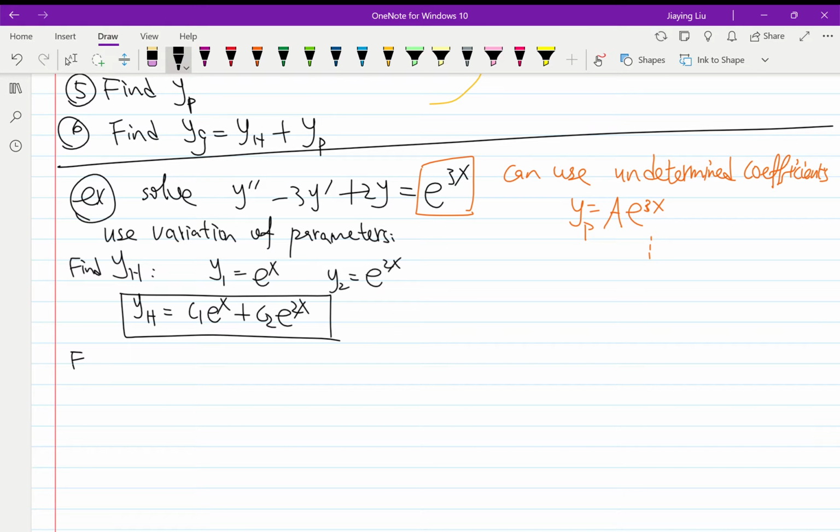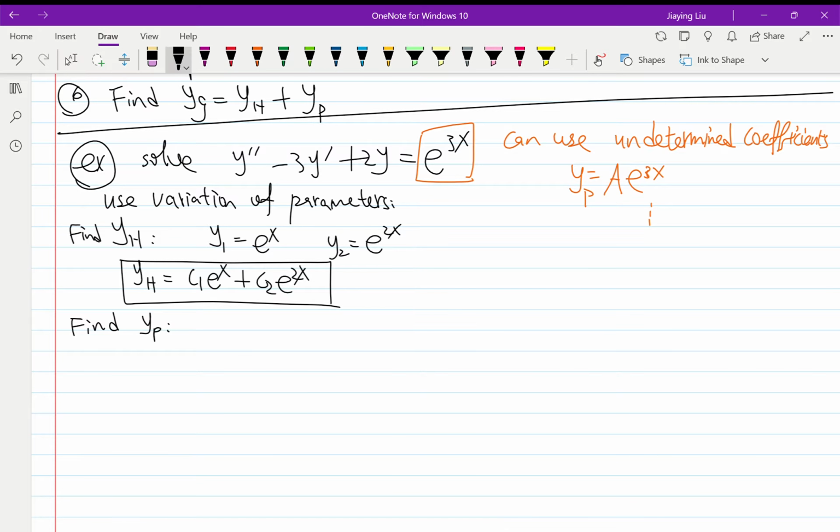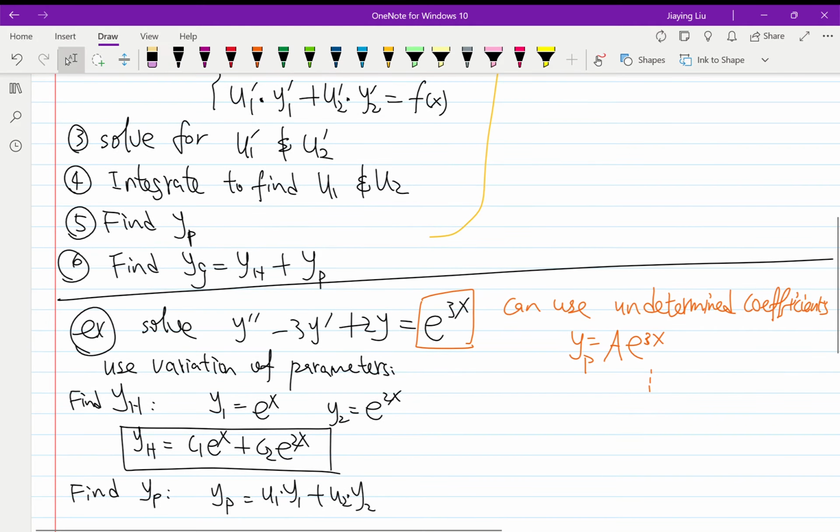And then the next step is that we're going to find the particular solution using the following process. I'm going to write down the general formula first. So y particular equals u1 y1 plus u2 y2. You don't have to plug in y1, y2 now. y1 and y2 are the two base solutions we found when we found the homogeneous solution.